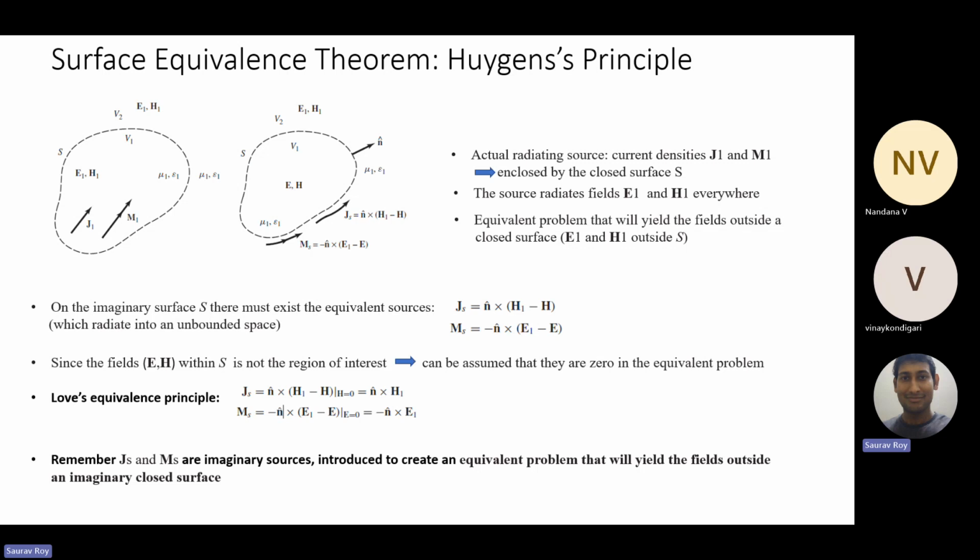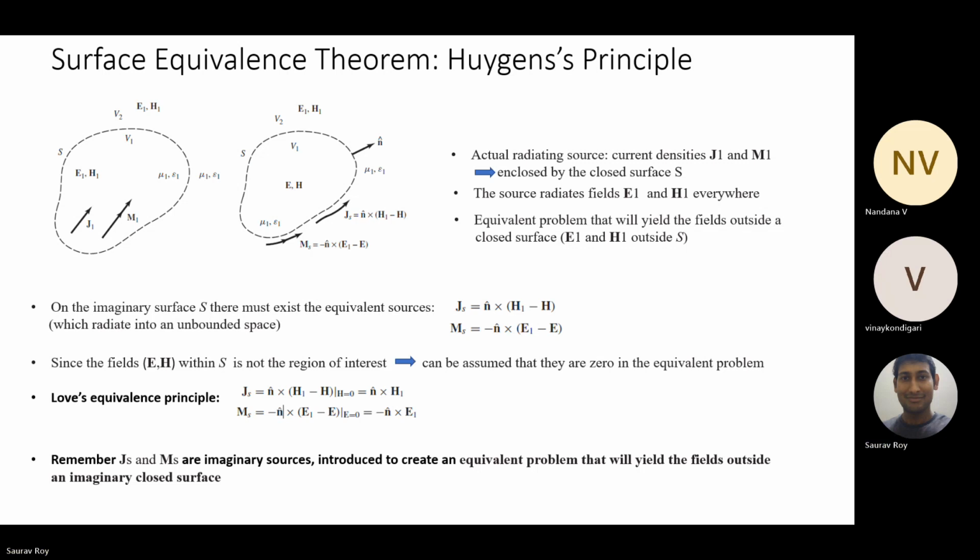It takes H equals 0 and E equals 0, so that way we get the modified values of Js and Ms. That is all about Love's equivalence principle, the modification of the surface equivalence principle.